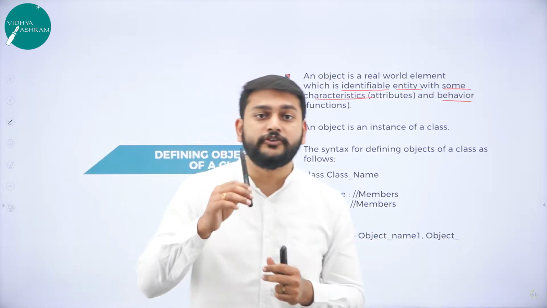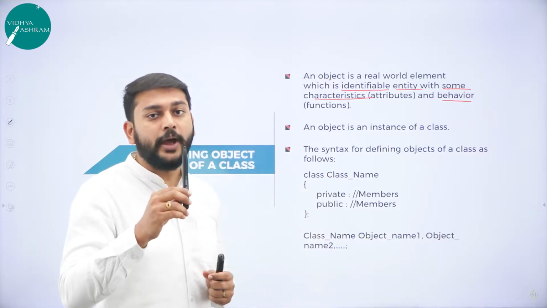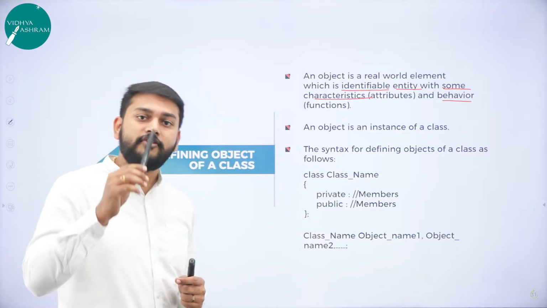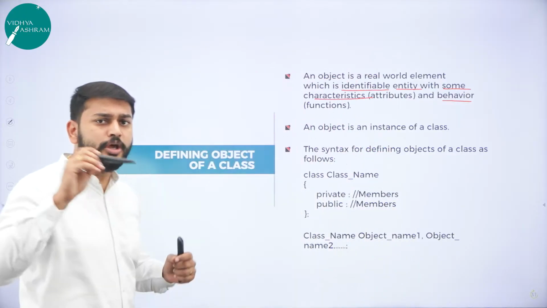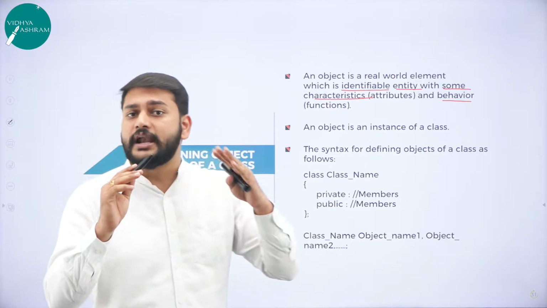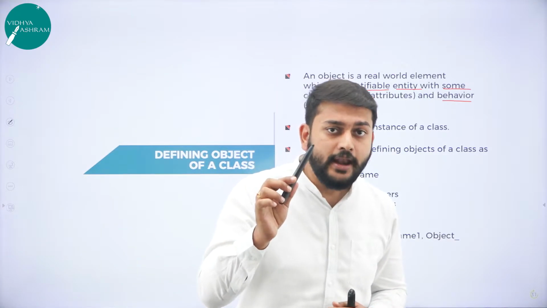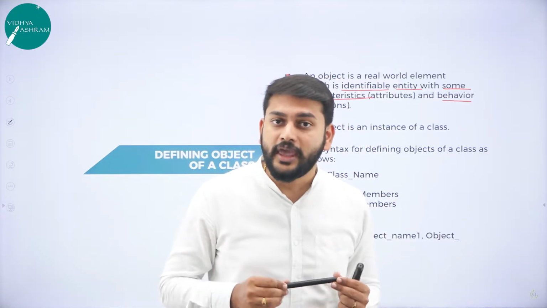Behavior in the sense, what is the function that it performs? Using this pen, I will be able to write, draw, sketch, and do some activities with respect to this pen. The activities that I do with this pen, I will call that behavior.